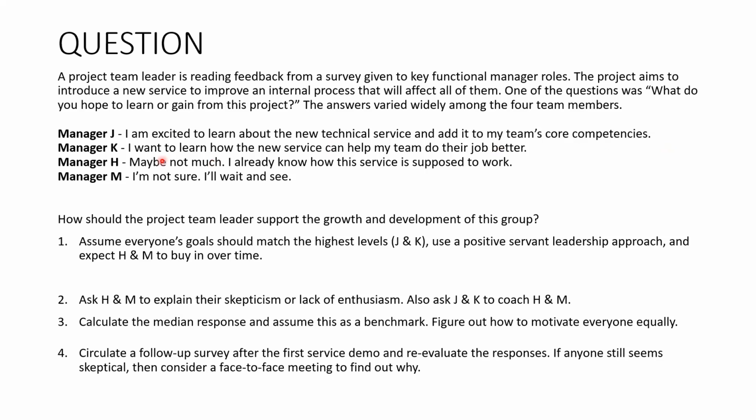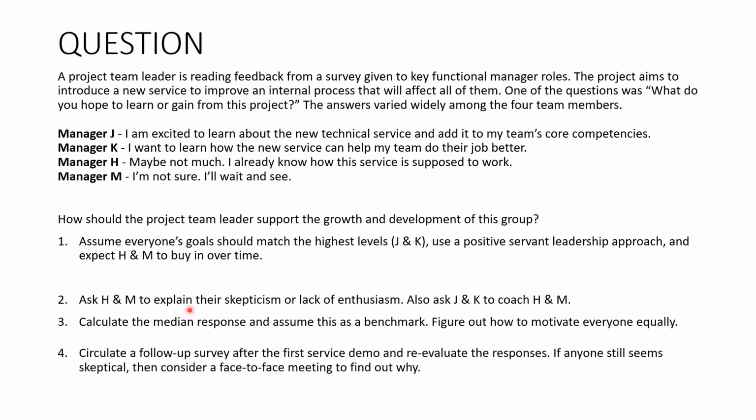The second: I want to learn how the new service can help my team do their job better. The third: maybe not much, I already know how the service is supposed to work. And the fourth: I'm not sure, I'll wait and see. How should the project manager support the growth and development of this group? Option one: assume everyone's goal should match the highest level. Option two: use a positive servant leadership approach and expect them to buy in over time.